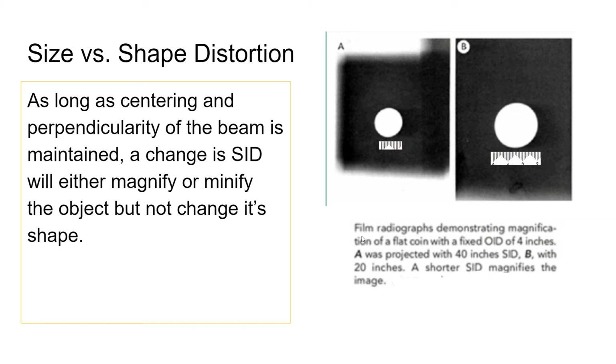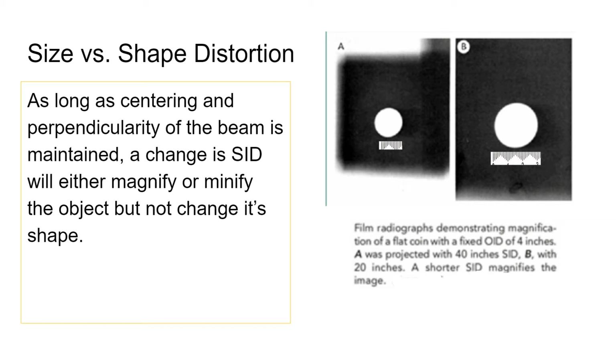And we did this in the lab last year. It's not huge. You don't see a big difference in magnification if you only change things by a few inches. Certainly in SID, you don't see much, right? When we did this in the lab, we did exactly what they did.